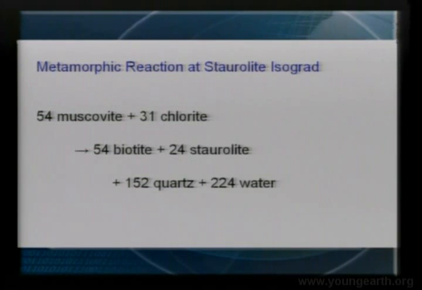And what did we see? The mineral muscovite with the mineral chlorite reacted to produce biotite, staurolite, quartz and water. In fact, you can see from the numbers, there were 224 molecules of water formed to every 54 molecules of biotite.